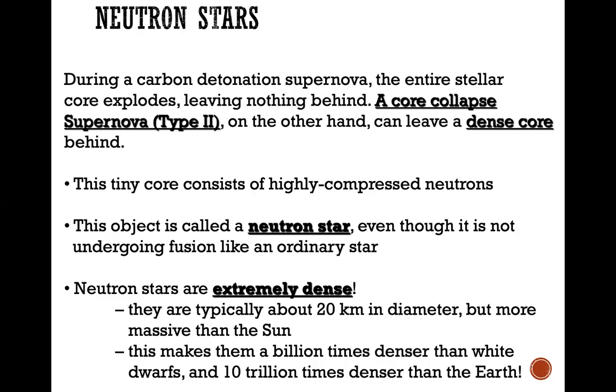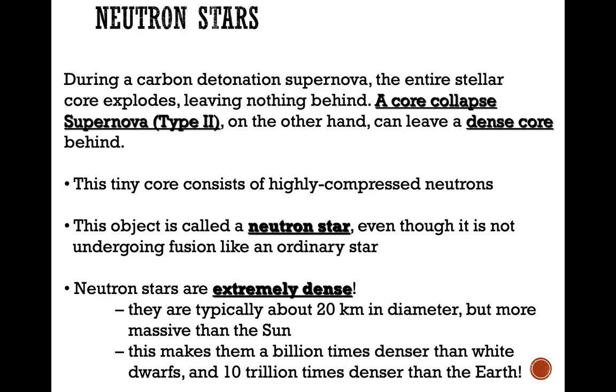This tiny remaining core consists of compressed neutrons, and this is what we call a neutron star. Basically, the remaining dense core after the type 2 supernova explosion is what we call a neutron star. You may have heard these words before, but this is what it actually means.